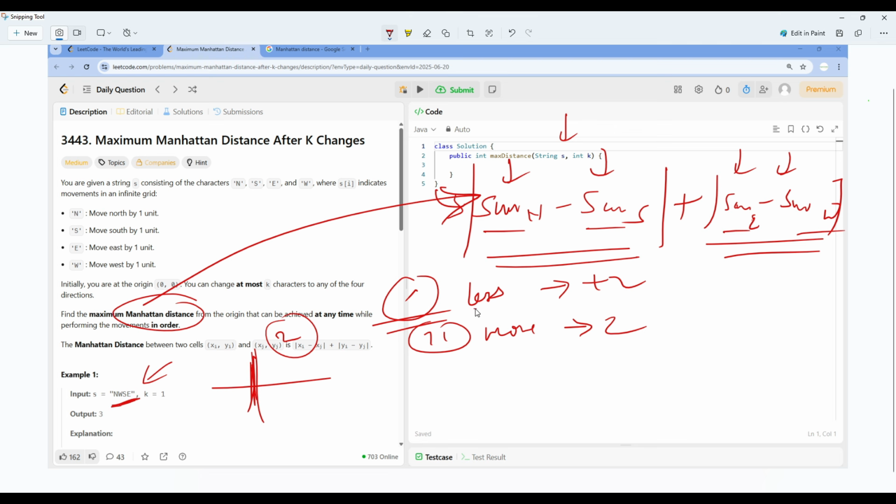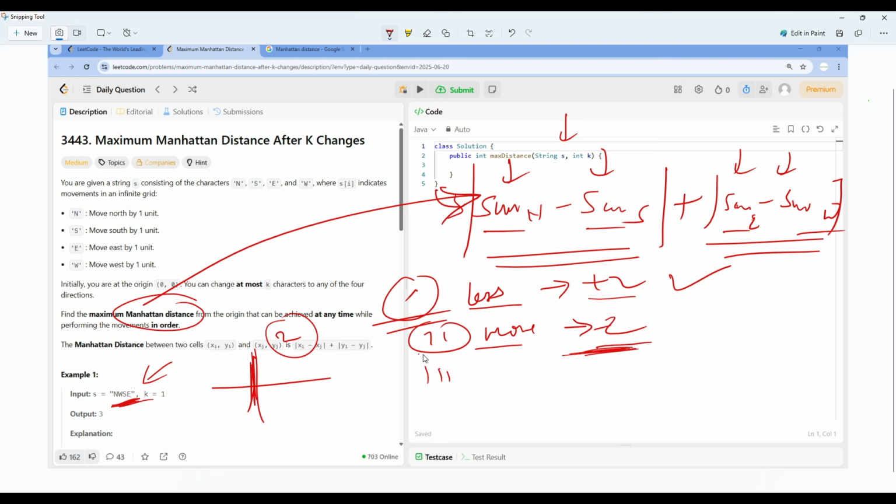So if it is coming less, the distance will increase, but if it is coming more, it decreases. Understand? Modifying letters that appear less frequently, in either horizontal or vertical, increases the Manhattan distance by 2. But modifying letters that appear more frequently decreases the distance by 2, minus 2.